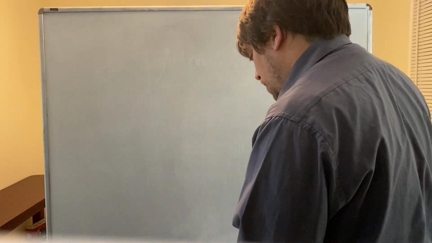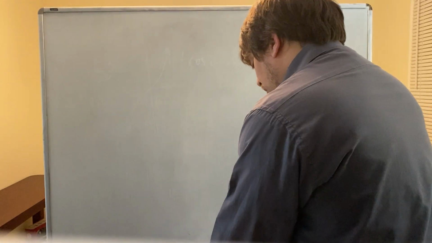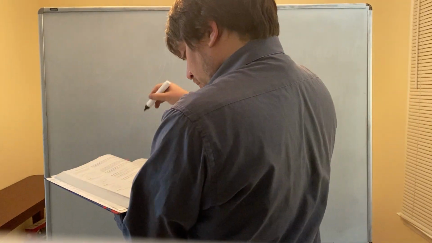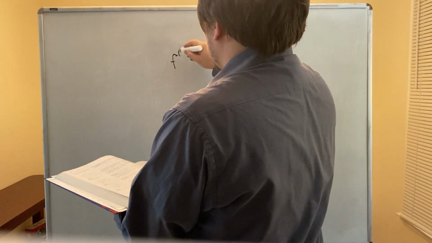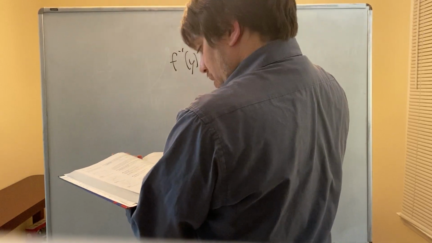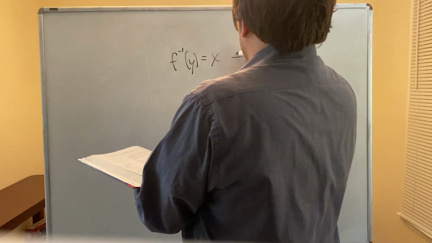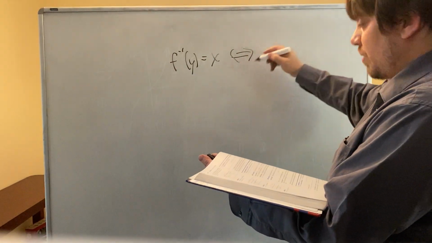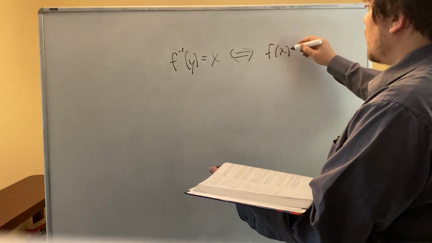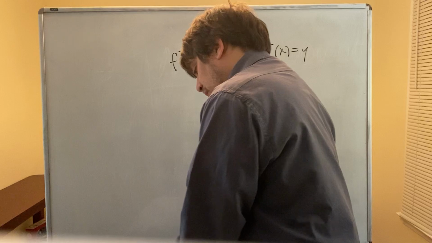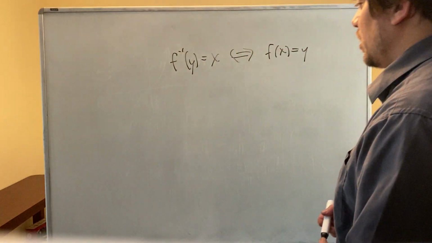It gives a definition of an inverse function at the bottom of page 254. The equation for an inverse function is f inverse of y is equal to x if and only if f of x equals y, for any y in B, the domain of f inverse.